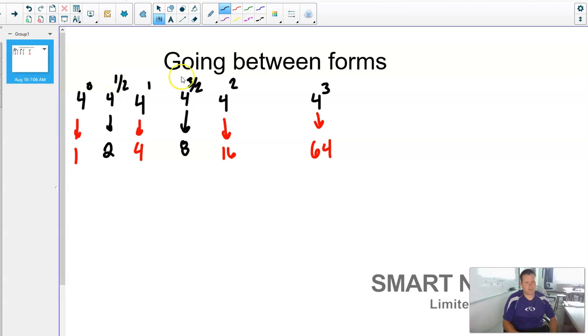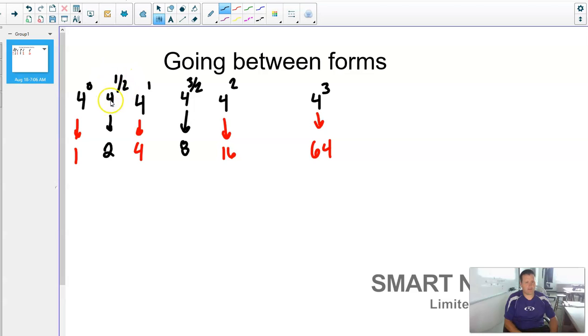Whenever you have a rational exponent, that rational exponent is really just a radical or a root. Another word for a root is a radical. Again, rational exponents, or fractions as exponents, are really just roots.